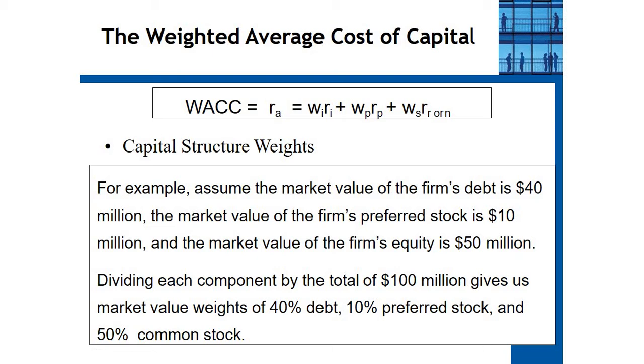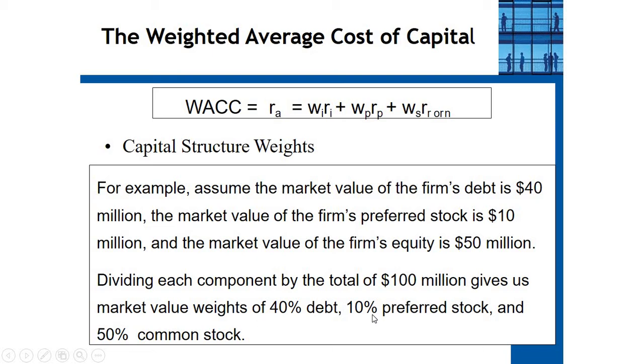So, if we want to know the weight of the firm's debt, we can divide 40 million, which is the total debt, by 100 million, which is the total source of finance. So 40 million debt divided by total 100 million is 40%. So weight of debt is 40%.